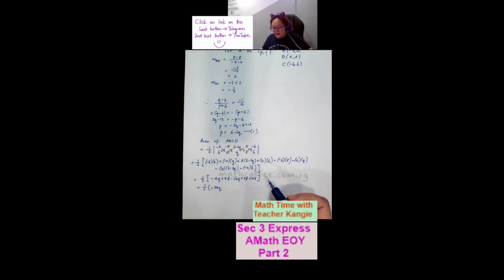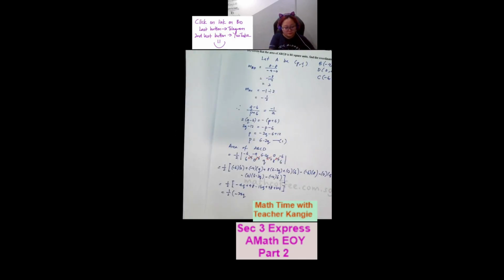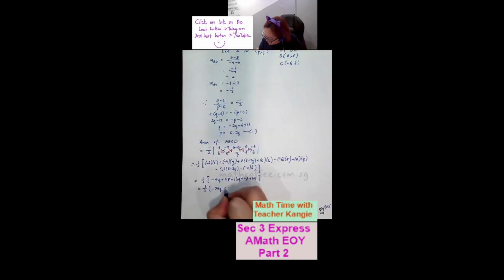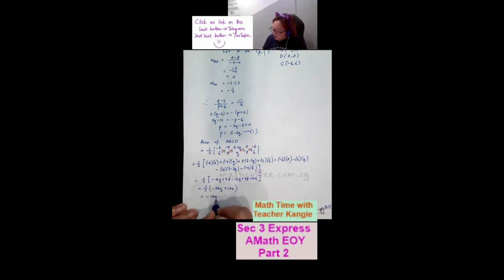The numbers, where's my calculator? 48 plus 48 plus 24, so this is plus 120. So with this will be minus 10Q plus 60. Therefore minus 10Q plus 60 is equal to 80.